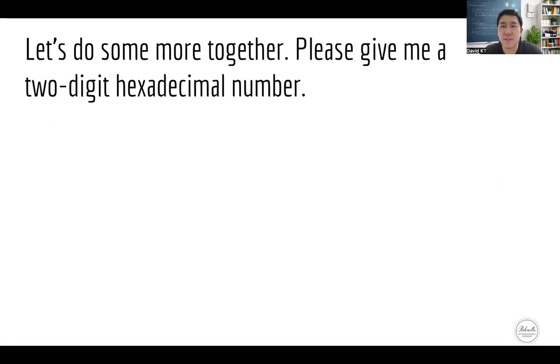So in an actual live classroom, I would ask you to give me some together so that we could do them together. But since we can't do that, I'll just make one up. How about 7F? Right, well, this is the 16 to the first power column. This is the 16 to the 0 power column. 7 times 16 plus, what's F?